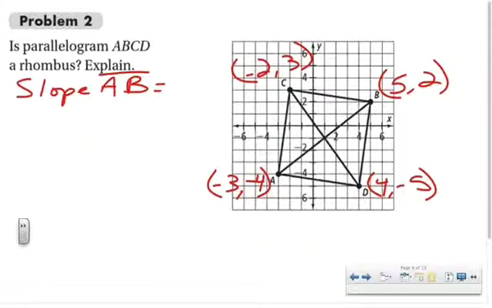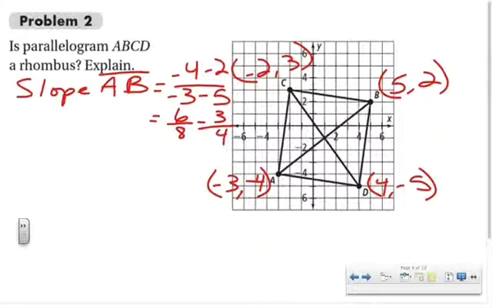Now let's find the slope of line AB. That gives us -4 minus 2 over -3 minus 5. Since I have negative on top and bottom, I know negative divided by negative is positive, so I can just write 6 over 8, and that reduces to 3/4.